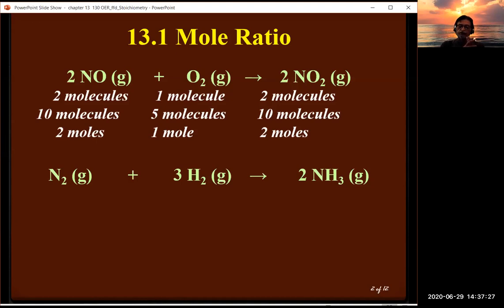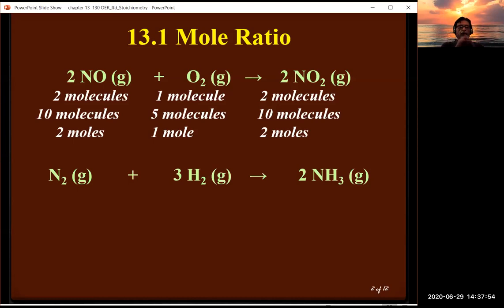And so the relationship between NO and oxygen is 2 to 1. The relationship between NO and nitrogen dioxide is 2 to 2, or 1 to 1. The relationship between oxygen and the product, nitrogen dioxide, is 1 to 2. Okay. That is the stoichiometry of this chemical reaction.